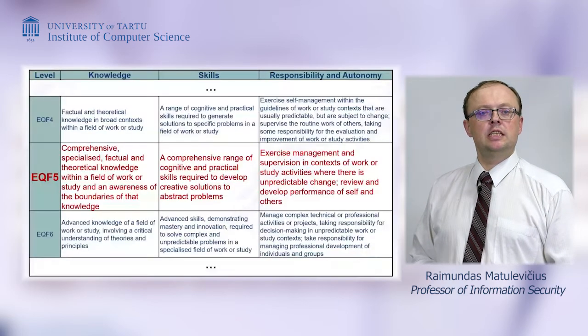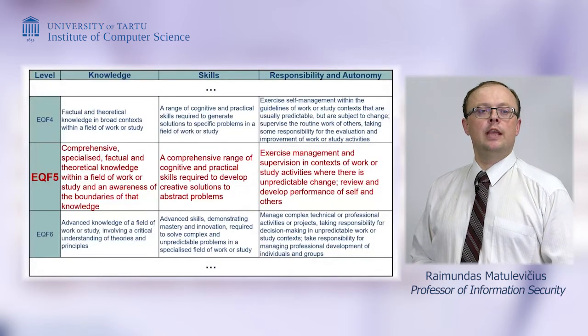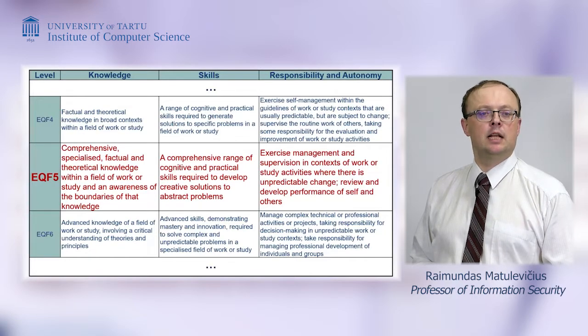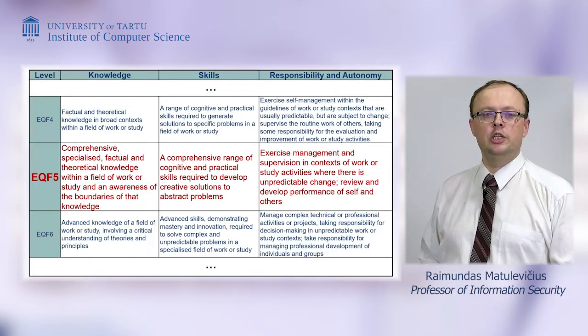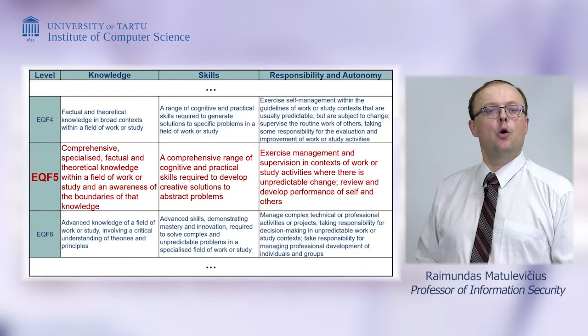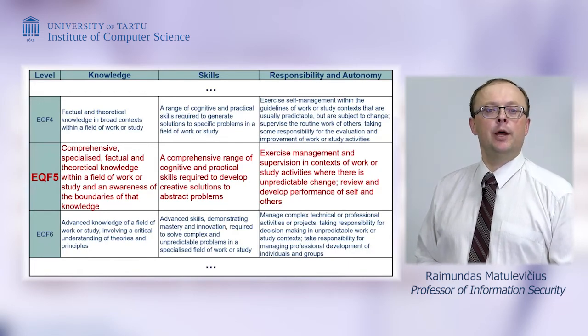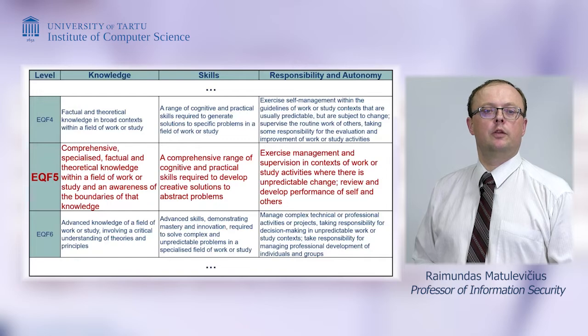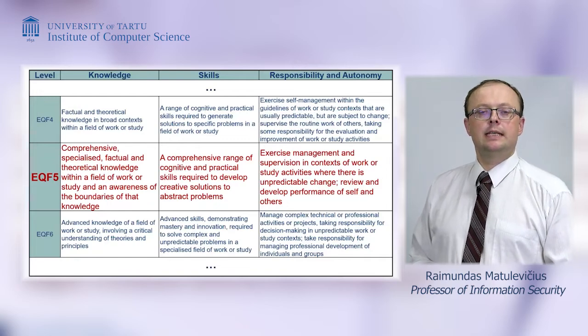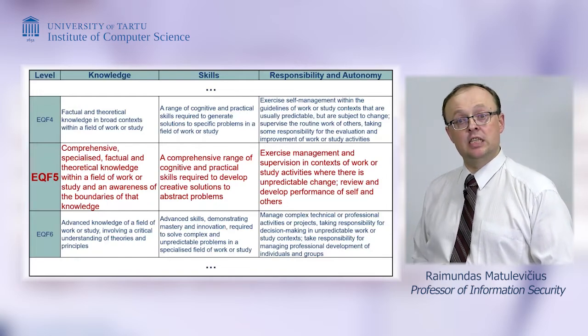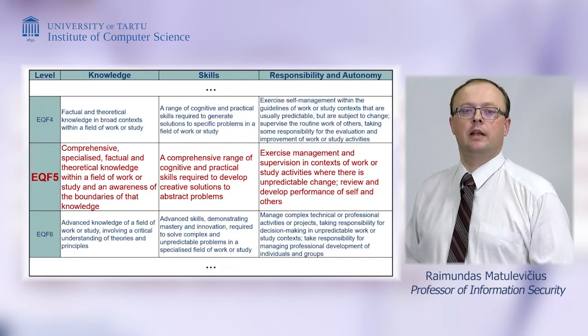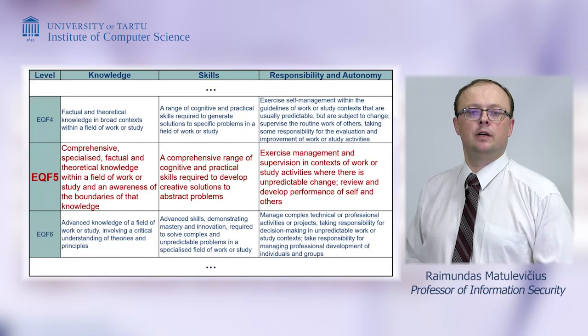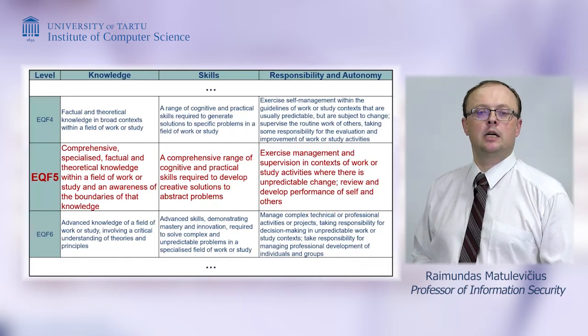In the CHAISE project, we specifically focus on the EQF level 5, where the knowledge is comprehensive, specialized, factual, and theoretical knowledge within a field of work or study, and an awareness of the boundaries of that knowledge. Skills are expressed as a comprehensive range of cognitive and practical skills required to develop creative solutions to abstract problems.